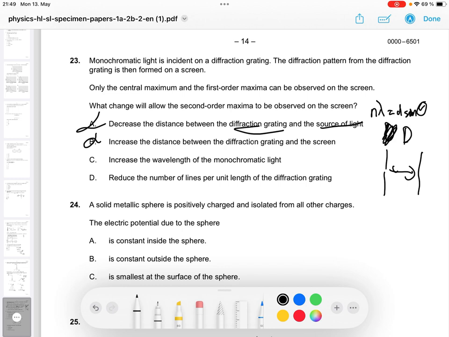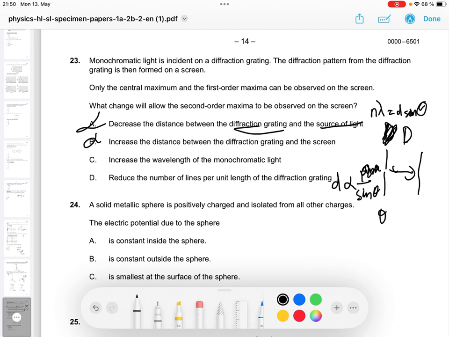And C says increase the wavelength of the monochromatic light, and D says reduce the number of lines per unit length on the diffraction grating. So we're looking at something that will increase the angular separation, and as d is inversely proportional to sine theta, we know that the bigger d gets, the smaller sine theta gets.